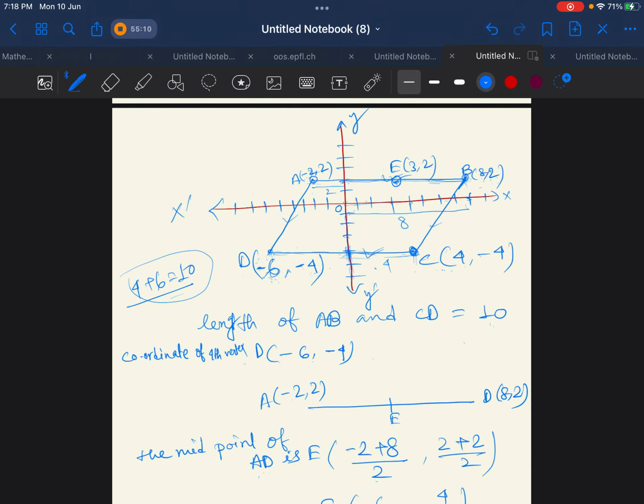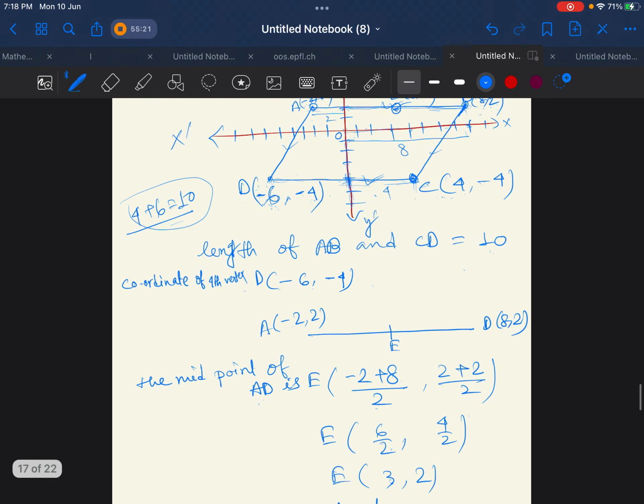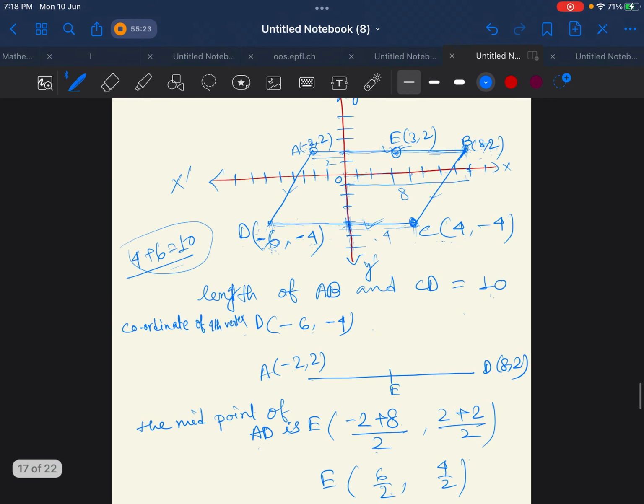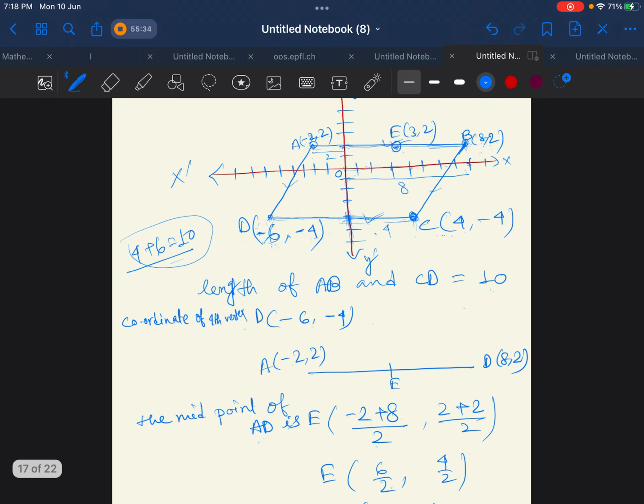Then we add the y values: 2 and 2 by 2. Okay, so we get 6 by 2 and 4 by 2. So this is 3, this is 2. So (3, 2) is located 1 2 3 and 1 2 here. (3, 2) is here. This is the middle point of the line AB.